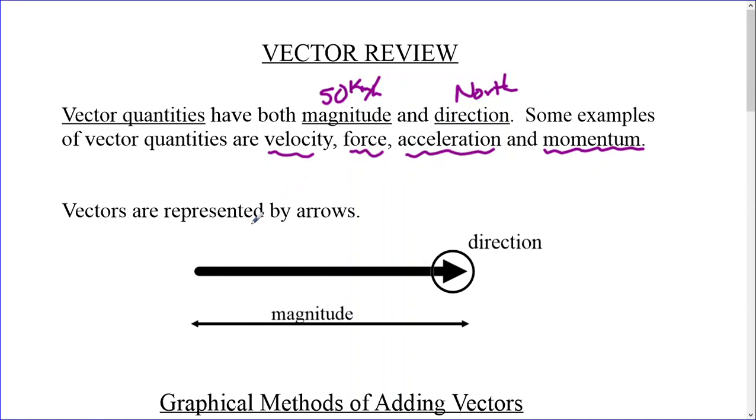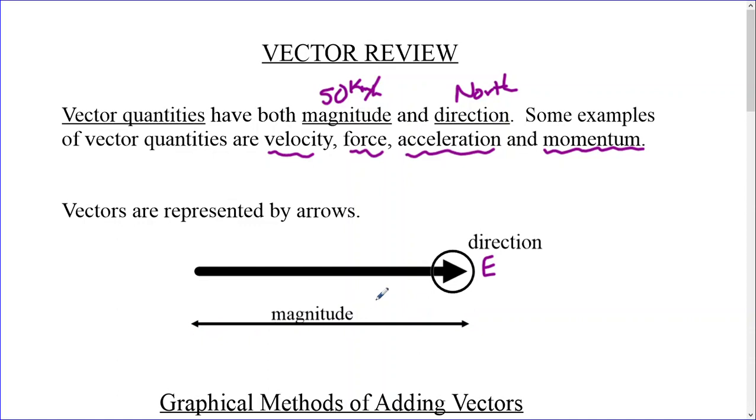Vectors are represented by arrows, and normally our arrow leads somewhere, right? Wherever the tip of our arrow points, that's the direction it's heading in. In this example, it is heading in the east direction. That's the difference compared to a magnitude, because a magnitude has arrows on both sides.